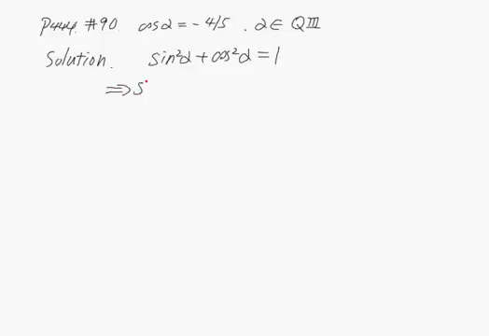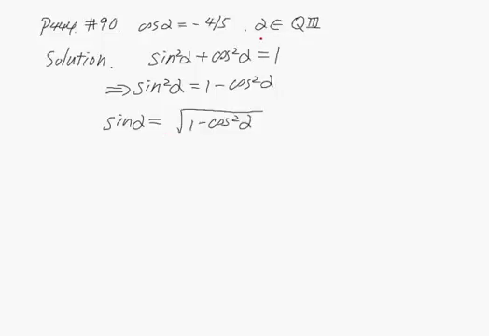We get sine squared alpha equals 1 minus cosine squared alpha. Then we take the square root of both sides. So we have sine alpha equal to the square root of 1 minus cosine squared alpha up to a sign. So right now we need to determine this sign.